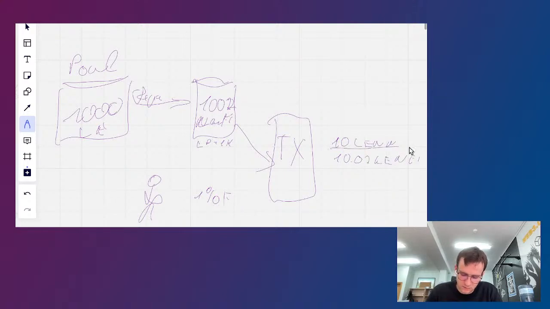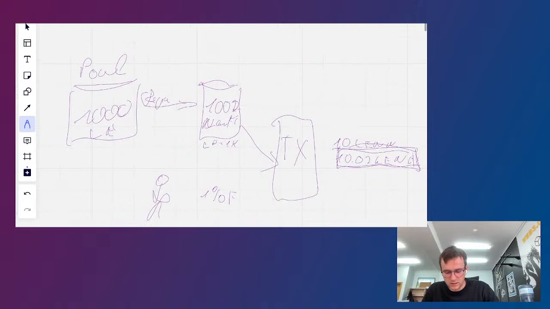So that's how they collected interest on the value.